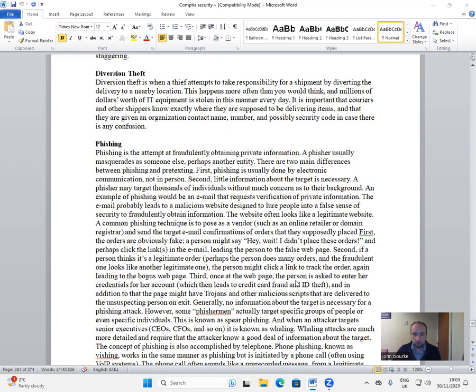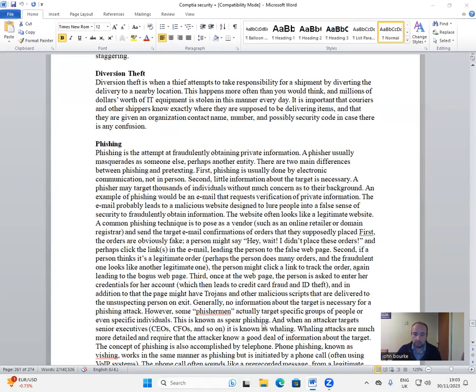Third, once at the web page, the person is asked to enter her credentials for her account, which then leads to credit card fraud and ID theft, and the unsuspecting person exits. Generally, no information about the target is necessary for a phishing attack. However, some phishers actually target specific groups of people or even specific individuals.